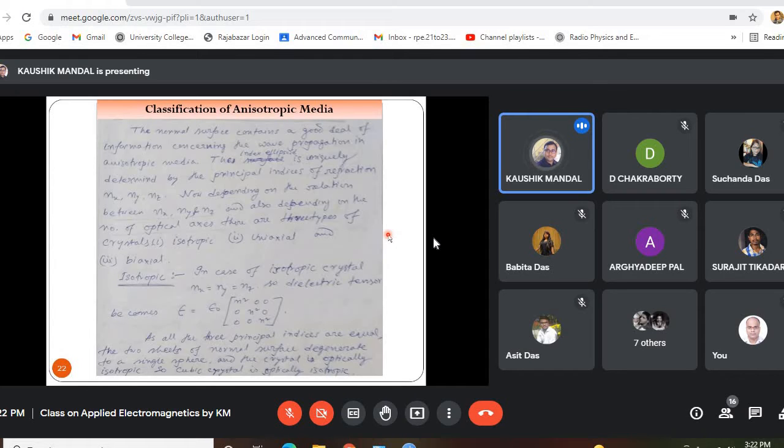As per our previous discussion on the normal surface, we have seen that if we consider the overlapping of two shells, there may be a maximum of two optical axes, and depending on the shape of the two shells, the optical axis may be 1.